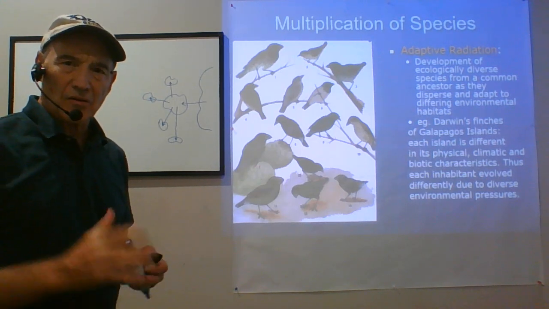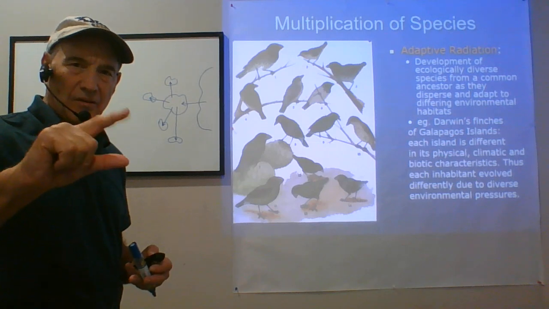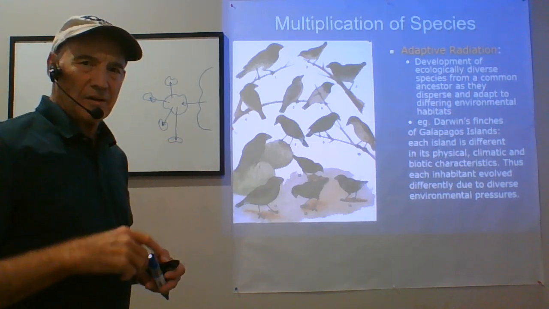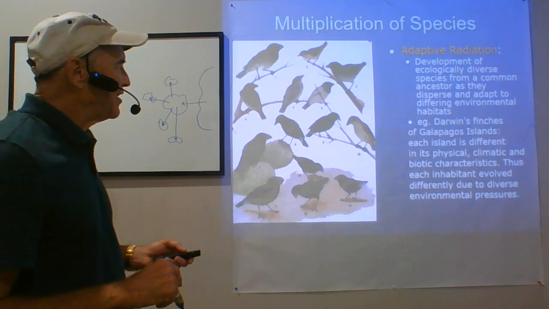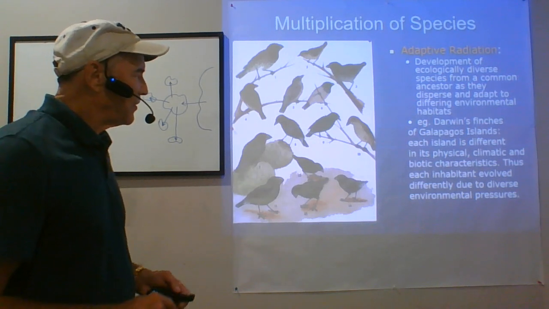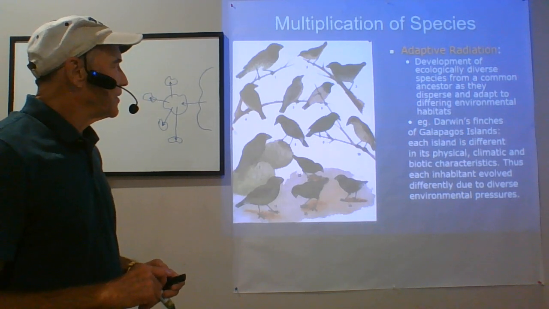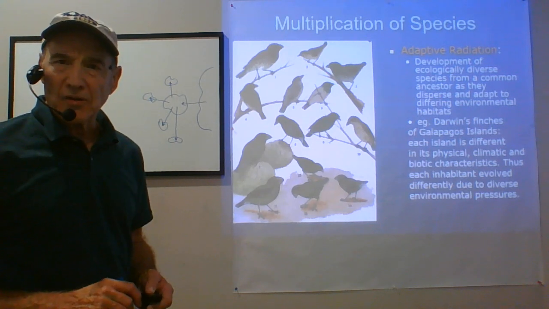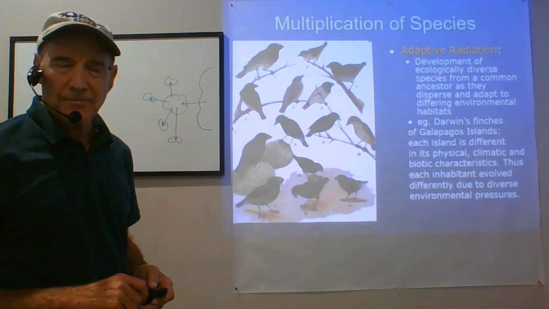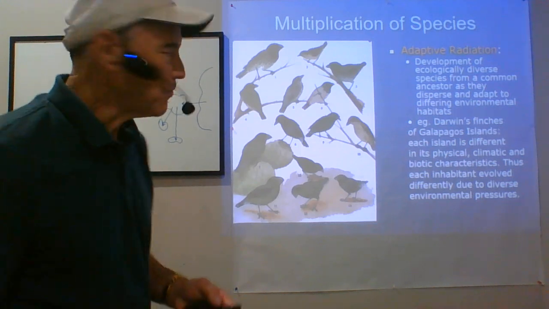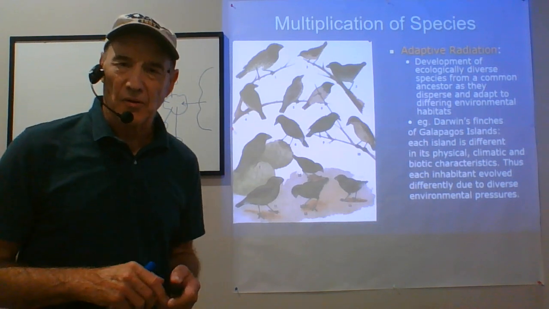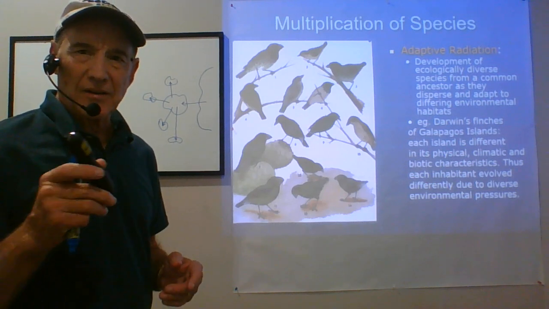It was a nice little tweezer-like beak to glean, to pick bugs off of a leaf like that, and maybe some adapted to eating a fruit. Anyway, he noticed that the beaks were different and the colors of the birds were different. They kind of matched their environment.